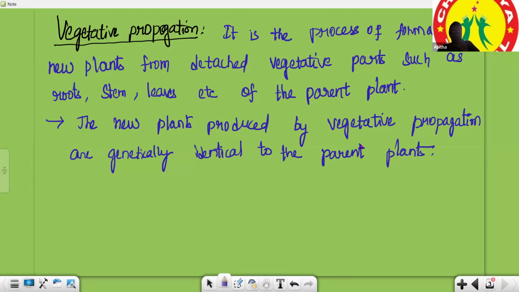For example, you can take a rose plant. If a rose stem is sown, you'll get the same rose plant, a new plant. So whatever new plant you're getting is identical to the parent plant. Clear, students?